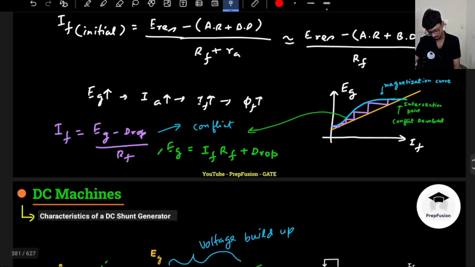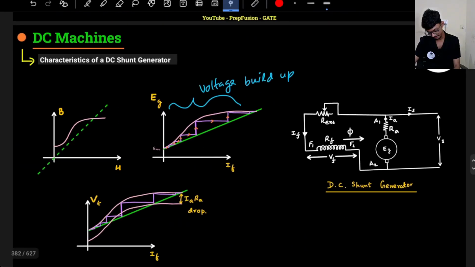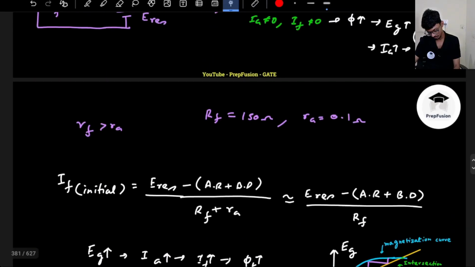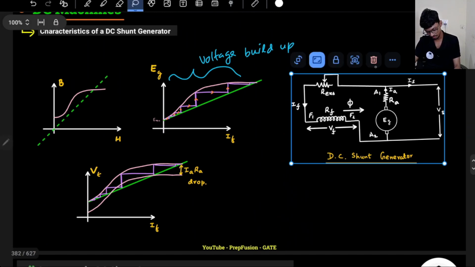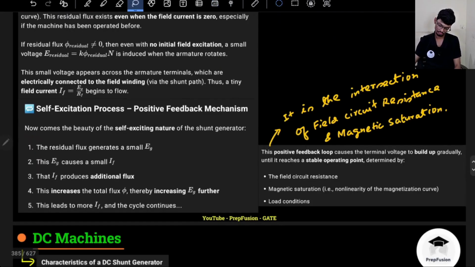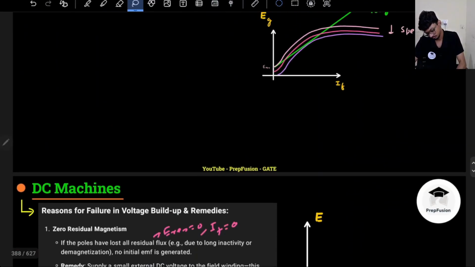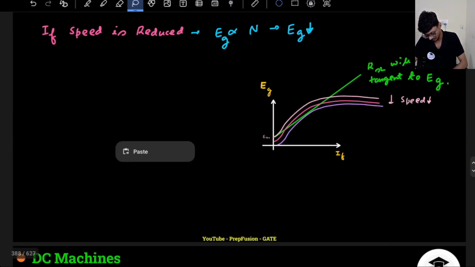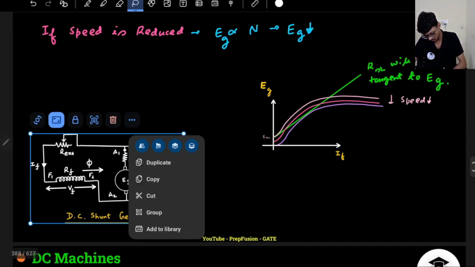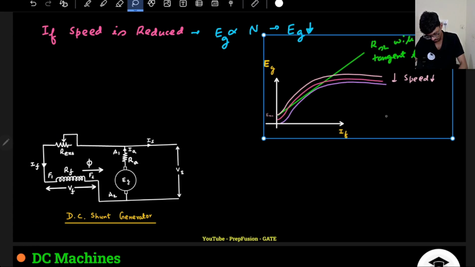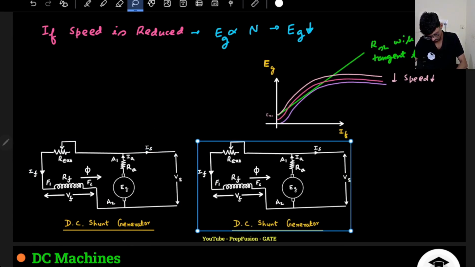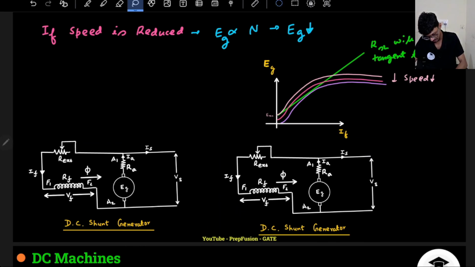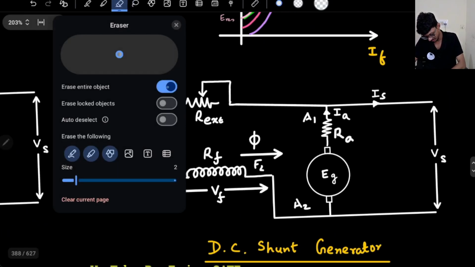So if I copy this circuit, yeah, this circuit only I will copy. So this is circuit 1, and in circuit 2 what I can do is simply interchange these things.